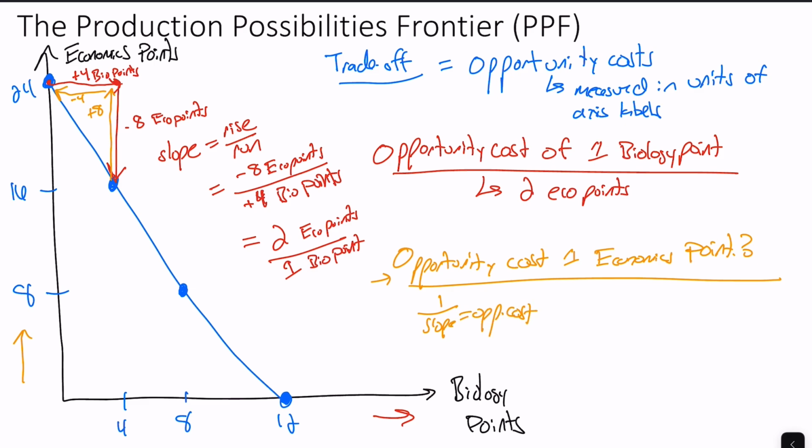So for us, that would be 1 over the 2 that we found up here, and we can interpret this as the opportunity cost of 1 economics point is 1/2 biology point. Right? So to get 1 more economics point, we need to give up 1/2 of a biology point.